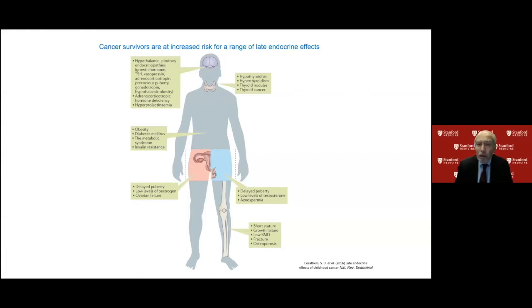Moreover, many of them will also have bone disease and be at risk for osteoporosis. So as adult endocrinologists, we are now seeing a whole new group of patients who have fortunately survived their childhood cancer, but are now suffering some of the sequelae of the therapies that were used.